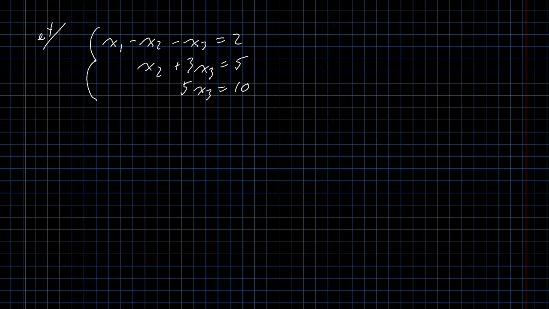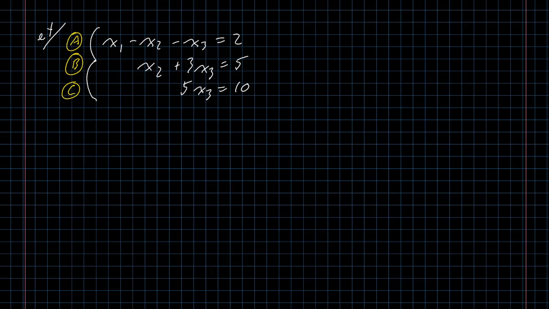And what I hope you notice immediately in this system is that a lot of the work has been done for us. It's a system of three equations in three variables, but the first equation, which I've labeled as A here, has all three variables. The second equation has only two variables, and the third equation has just one variable.